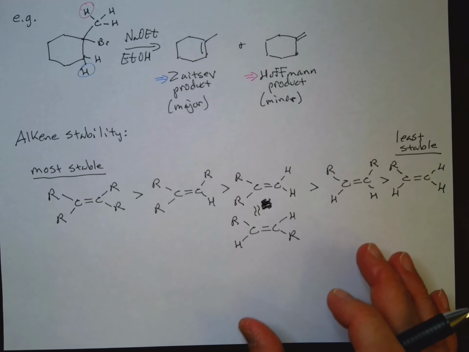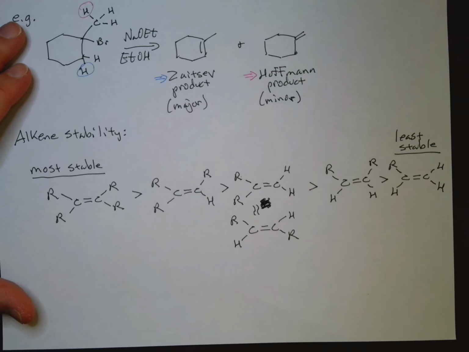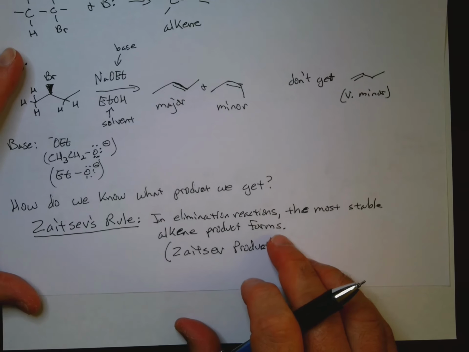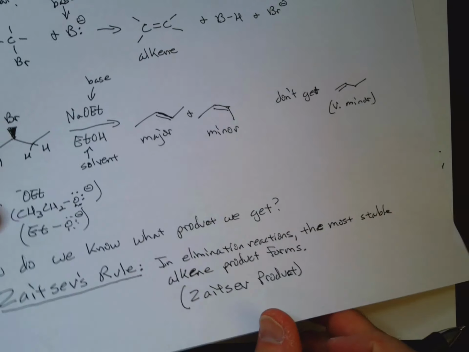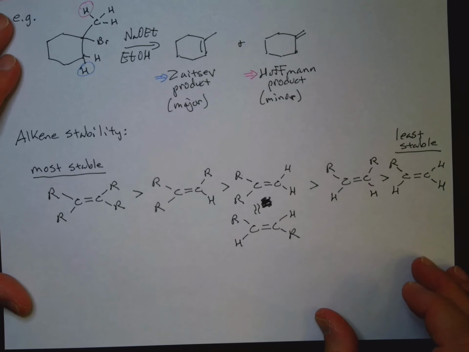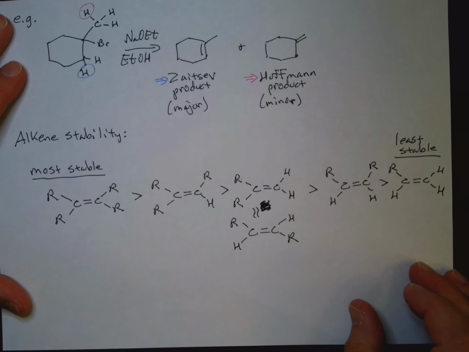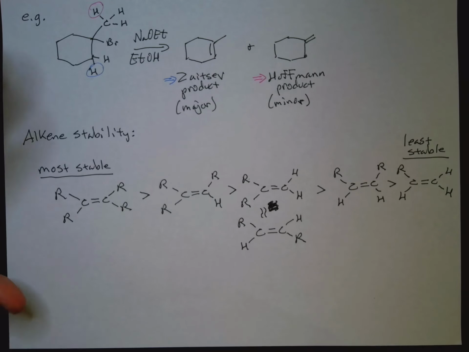All right, so we can use this to help predict what kind of product we get. And remember, Zaitsev's rule: in elimination reactions, the most stable alkene product forms. We have ways of preventing the Zaitsev product from forming, and that depends on the nature of the base. And I think we'll talk about that in some future videos.